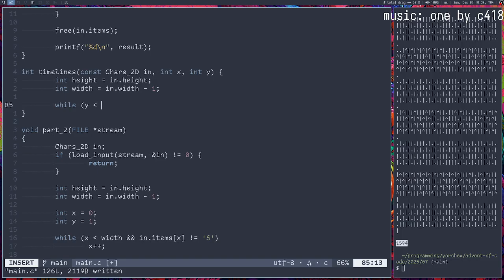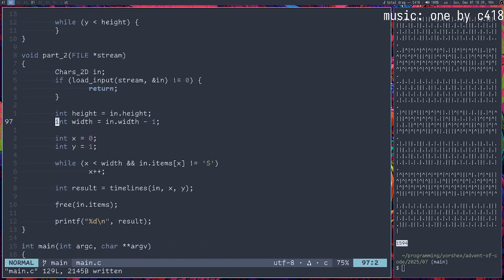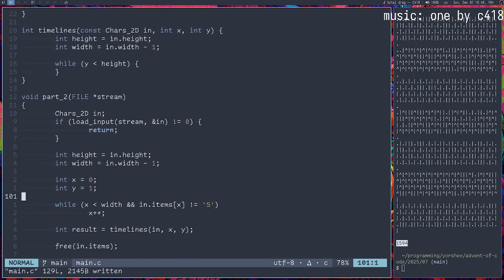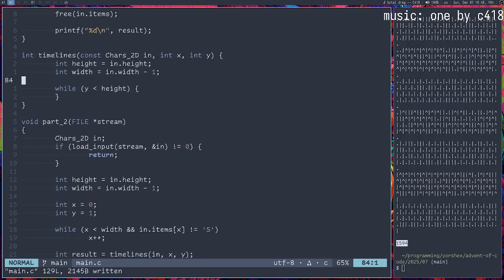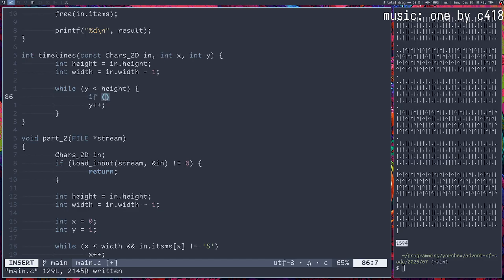While y is less than height, y plus plus.